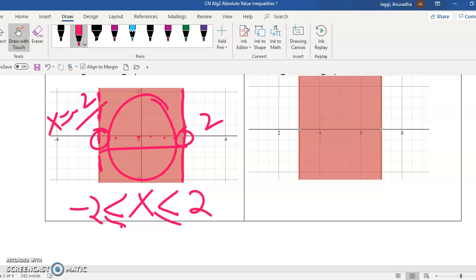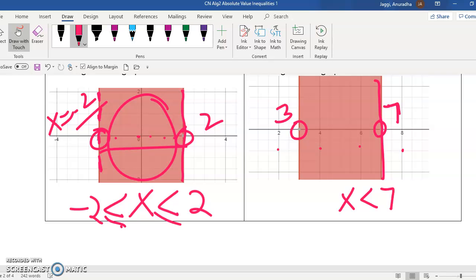How do we write this inequality? This is 2, this is 4, and in between there is a 3. This is 6 and this is 8, and exactly in between there is a 7. This is also an inequality that is confined between two numbers. It is a solid line, not a dotted line.